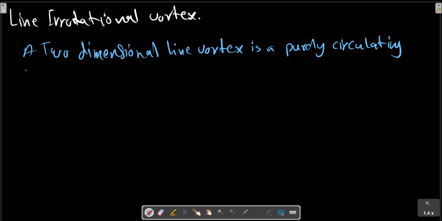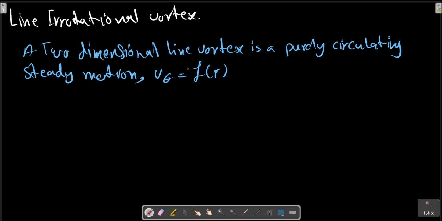Steady motion where v theta equals a function of radius only and Vr equals 0.